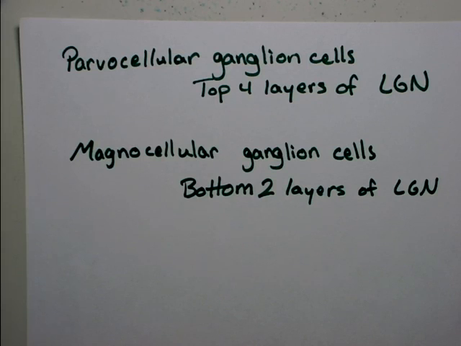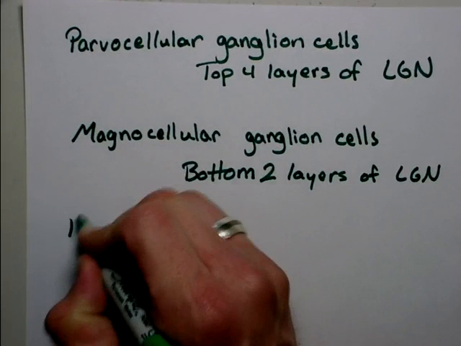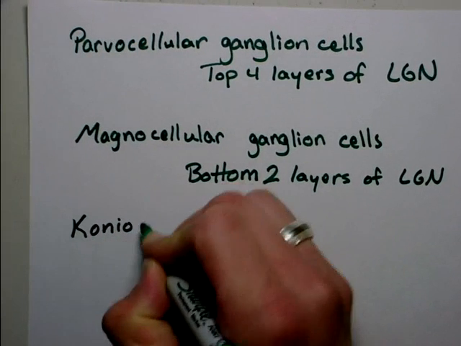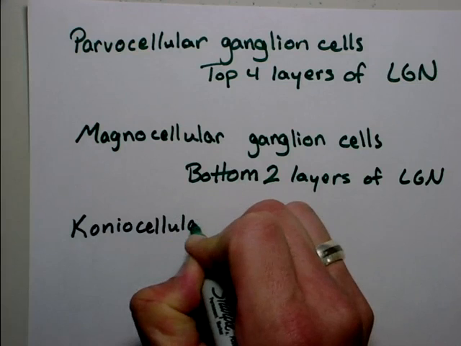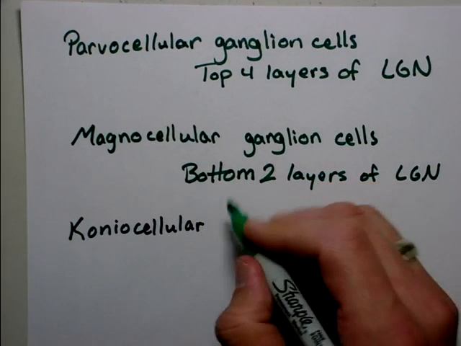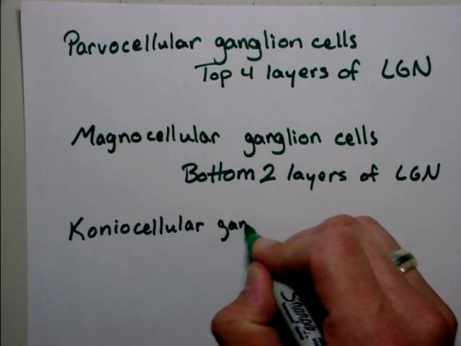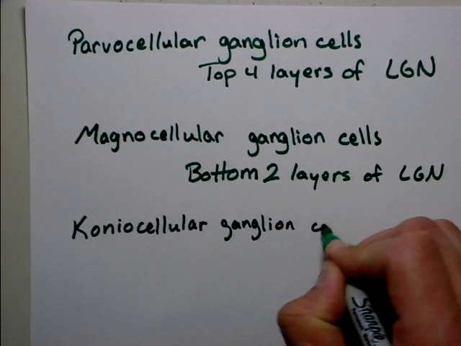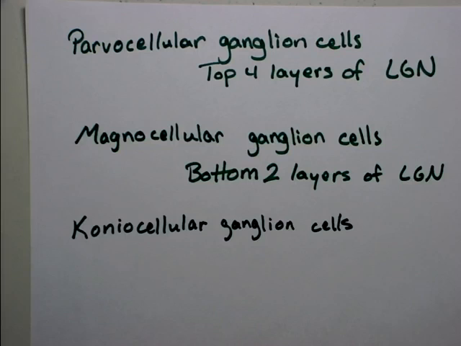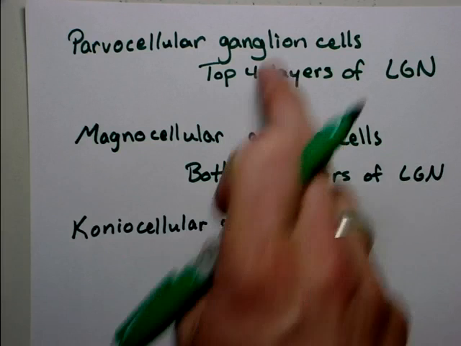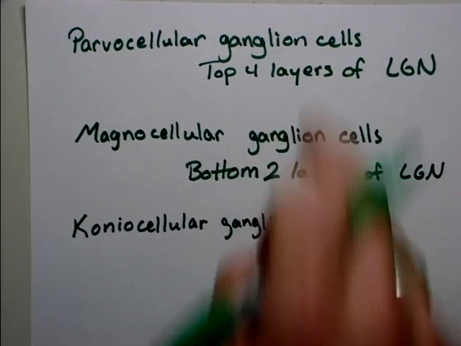All right. So those are the six layers. We also have koniocellular ganglion cells, and they project to a layer between or below each one of these.